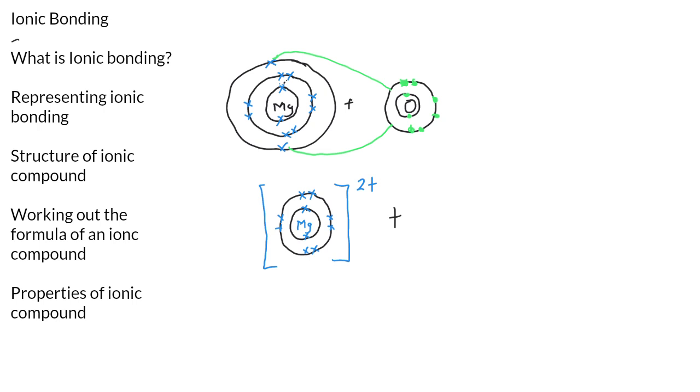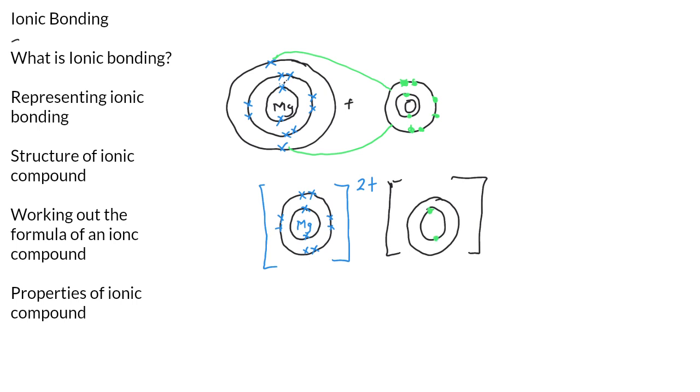And then the next thing is to do the same thing for oxygen. Oxygen, right? We're going to do the same thing for oxygen, which is we draw that. Now remember, 2 electrons came in.